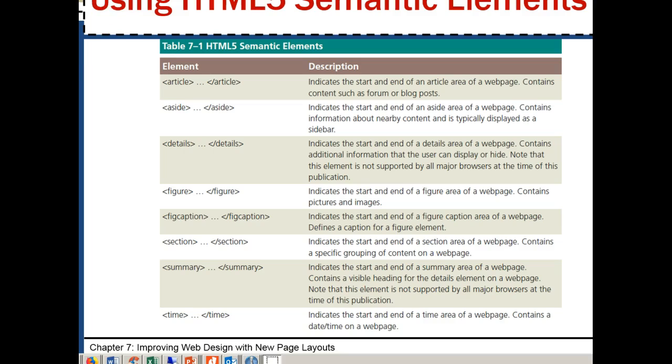As part of this book, we are following the Forward Fitness Club website, and in your labs, you have already created the content that includes the header, navigation, main, and footer semantic elements. These are other semantic elements that you can learn and apply to the project: the article element, which indicates the start and end of an article, aside, details, figure, figcaption, section, summary, and time.